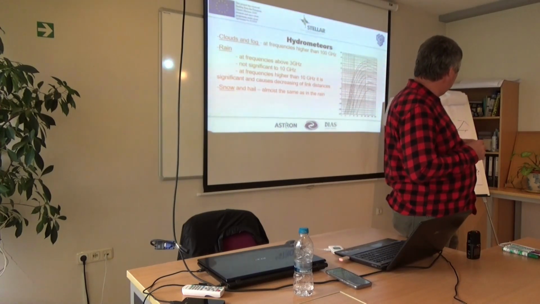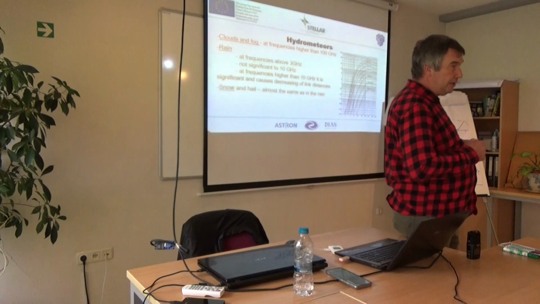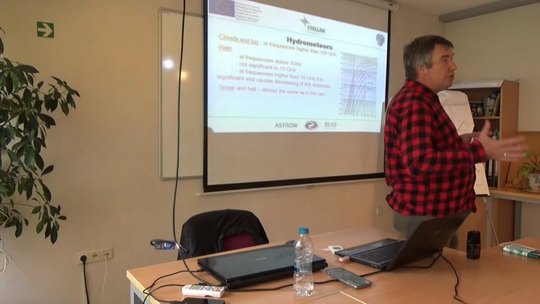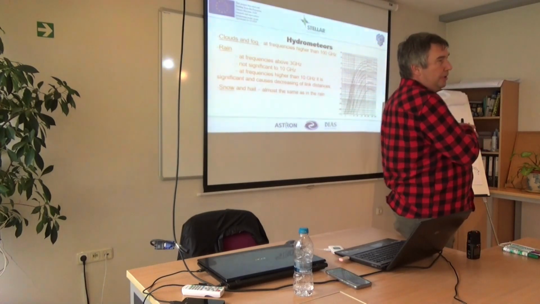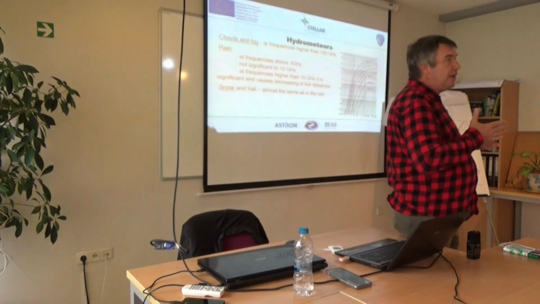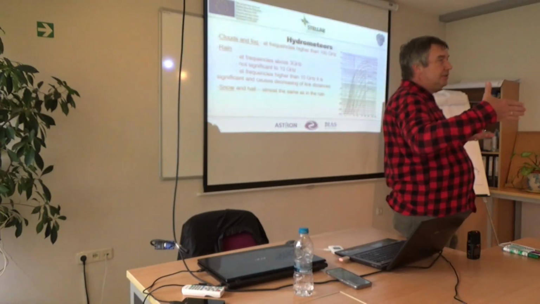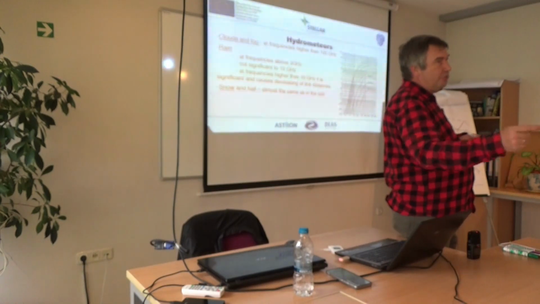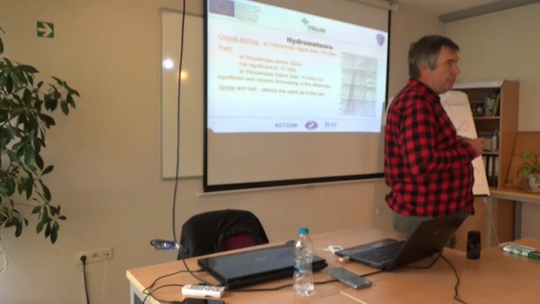So that is the way you will calculate link budget, because you could take 200 millimeter per hour, but you don't have guarantee that it will not be 250 for a moment.